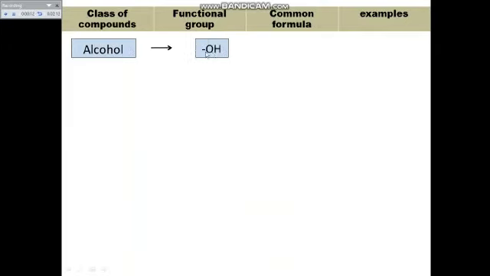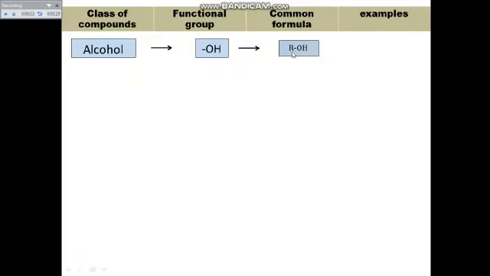Next, class of compounds, functional group, common formula, examples. First one, alcohol. The functional group, as I already told, is OH. The common formula, with OH present in the alkyl group, is ROH. R means alkyl group, it may be alkane, alkene, alkyne, any one.